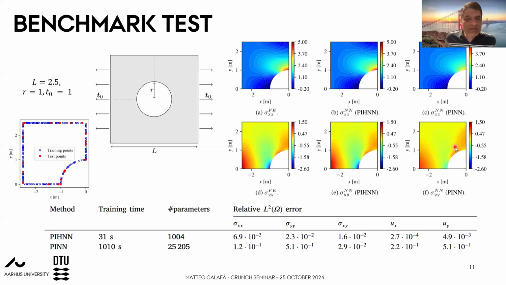Matteo, I was thinking of something we have not touched upon. The way you're solving it, do you know that the numerical solution is well posed by itself? Basically any function is going to be satisfying the equilibrium equations, right?